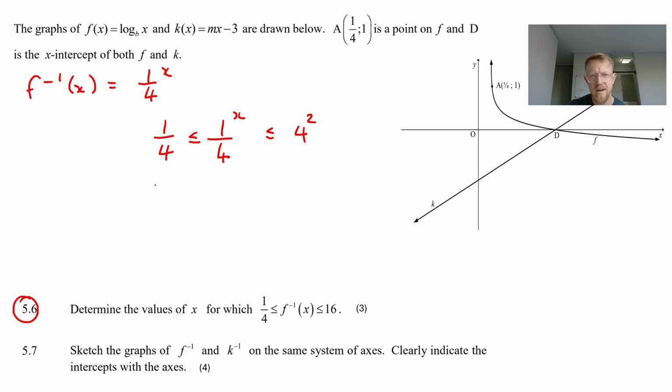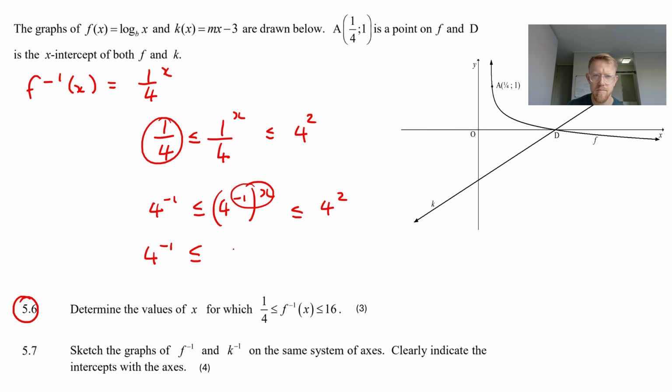I can write this as 4 to the negative 1, and I can write this one as 4 to the negative 1 as well, but then it also has that x, so I'll put it in a bracket, and then I'll leave this one as 4 to the 2. So that's 4 to the negative 1, and then this becomes negative x, and then this just becomes that. So what I notice now is that we've got 4s everywhere, so I can just ignore them, and I end up with minus 1 smaller than negative x, smaller than or equal to 2.